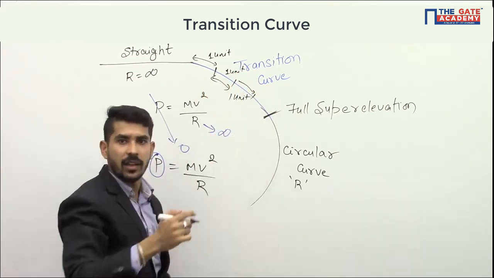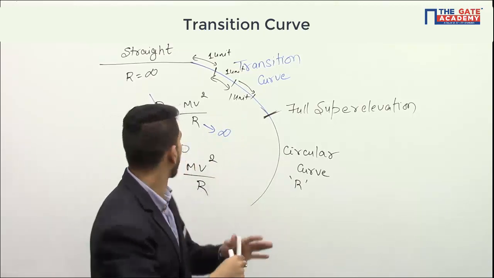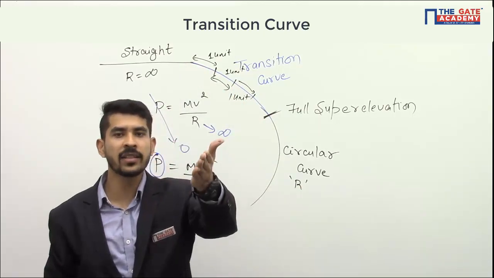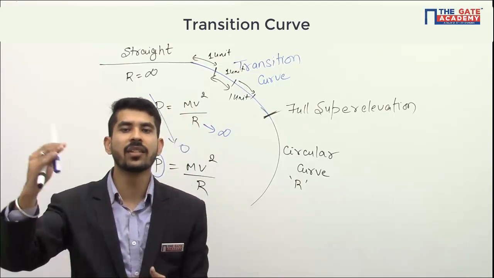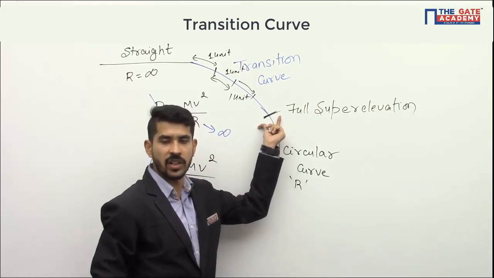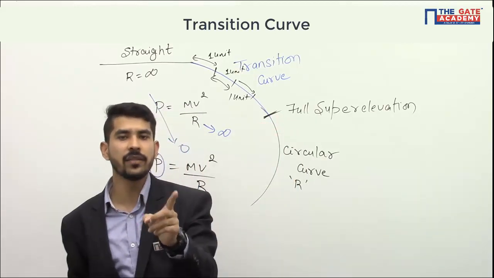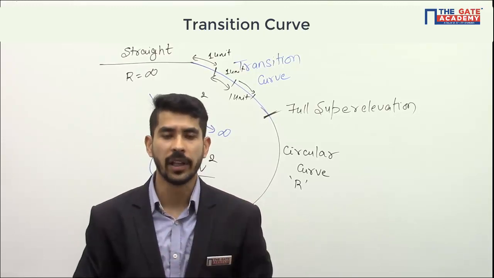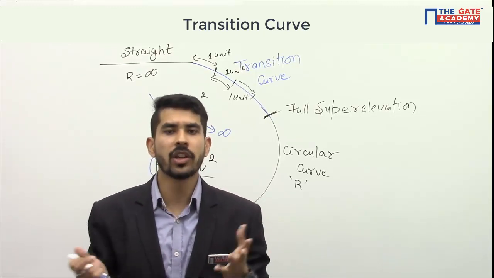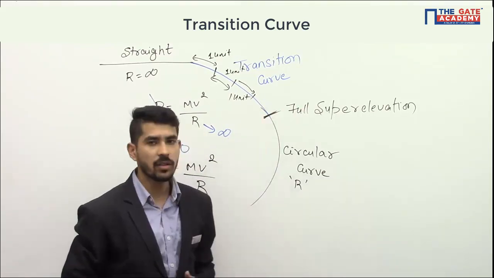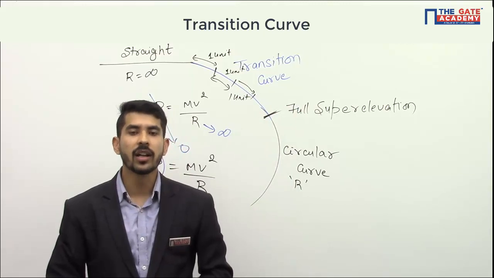So like this, with the entire length of the transition curve, I will slowly raise the outer edge of the pavement, so that by the time my circular curve starts, it attains the full value of super elevation required on that circular curve, right? So as to ensure the safety of the vehicle. So this is the advantage of providing a transition curve.